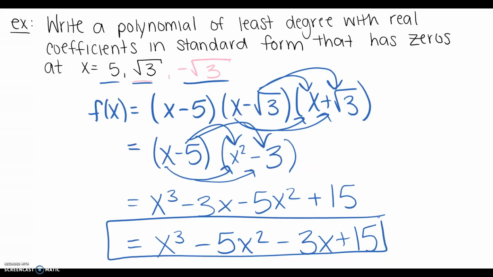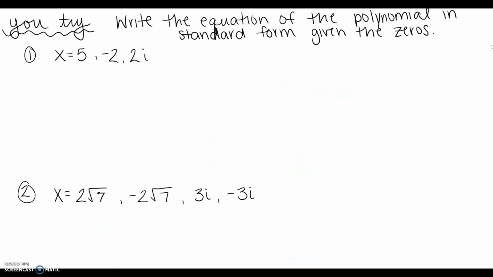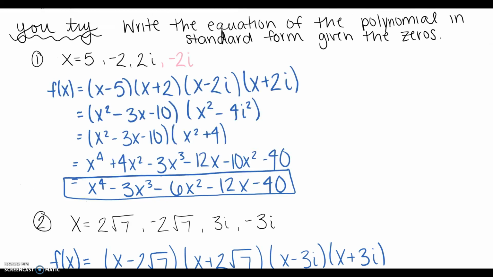Now I want you guys to try, so with your group mates, try to write the equation of the polynomial in standard form given the zeros. Alright, so hopefully you set up your factors as x minus 5 times x plus 2 times x minus 2i, and then you remembered your x plus 2i. What I did next is I distributed these two together and then double distributed these two.